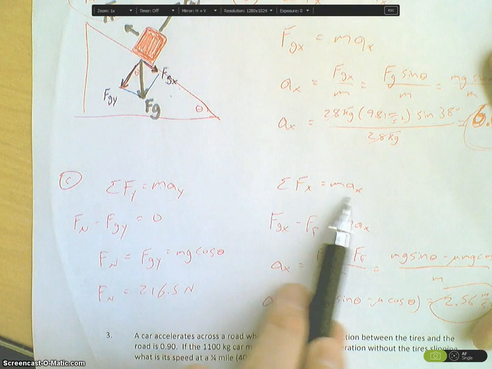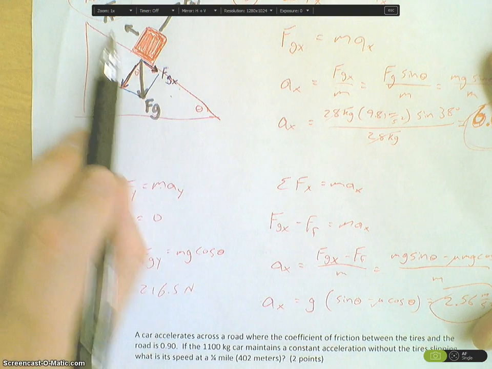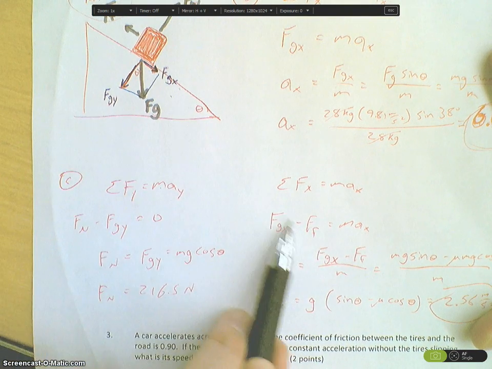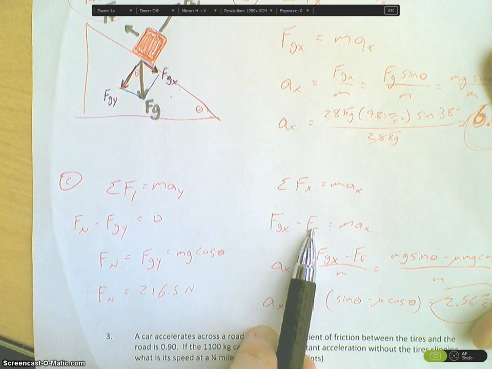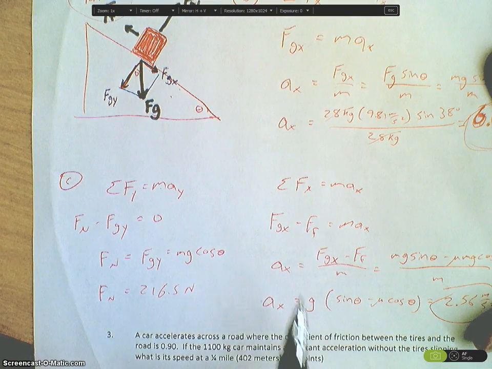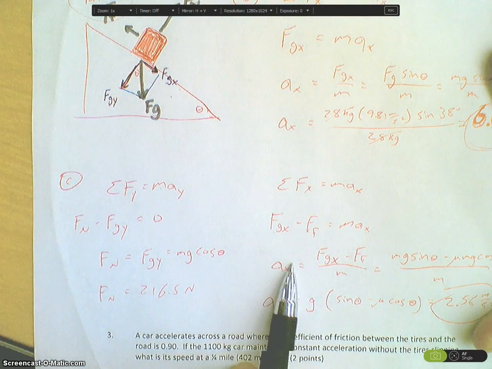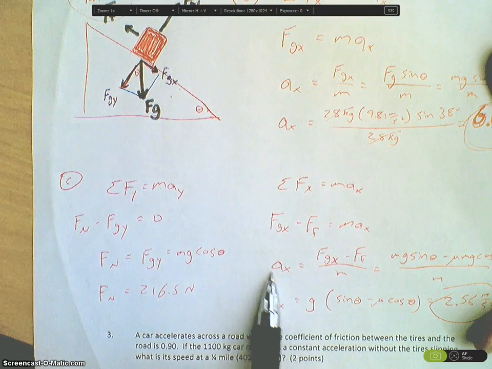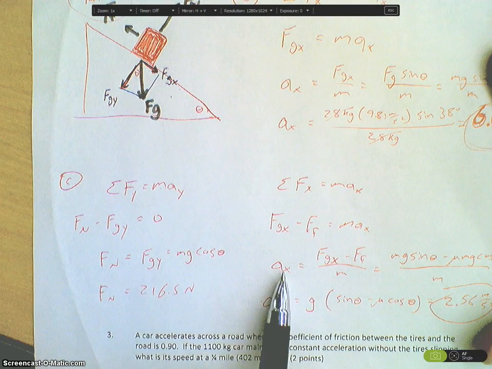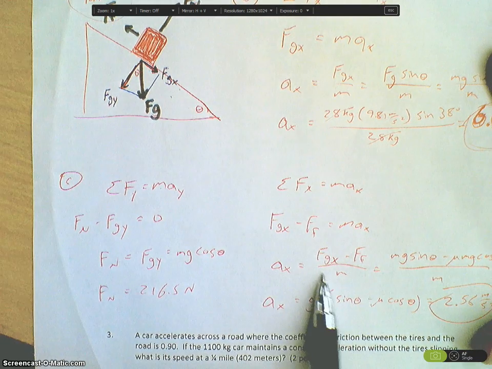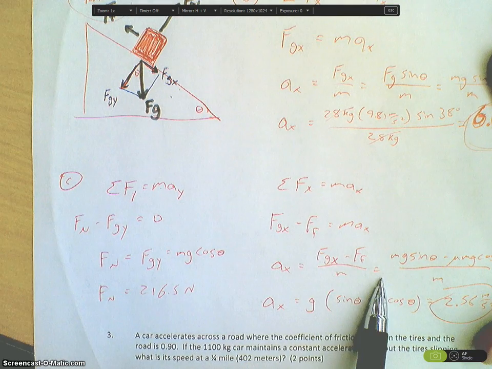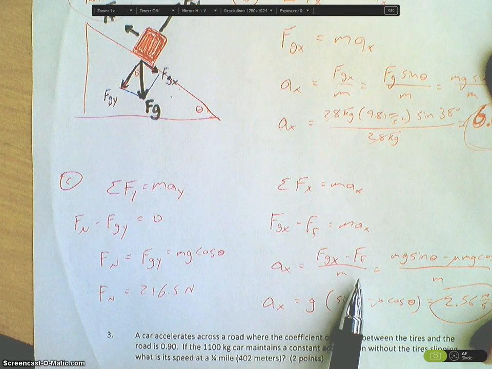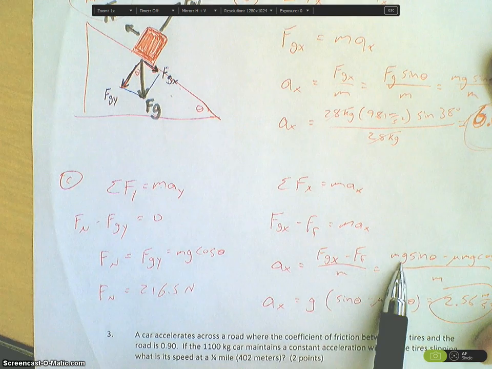So all the forces acting in the x direction. There are now two forces acting in the x direction. Fgx minus force of friction, causing the mass to accelerate. So I solve for a, or the acceleration in the x direction. Fgx minus force of friction divided by m. And then I'm substituting. Instead of Fgx, it's mg sine theta.